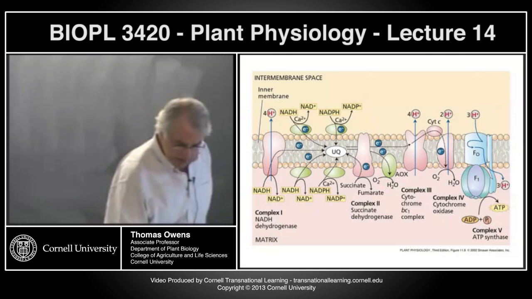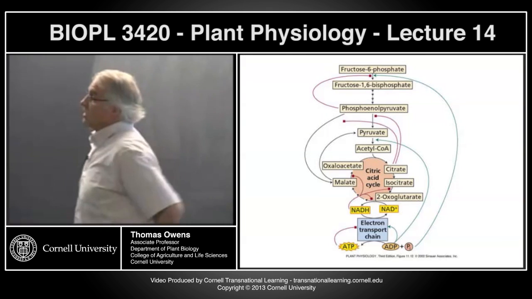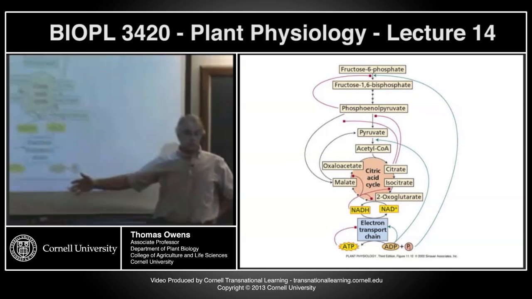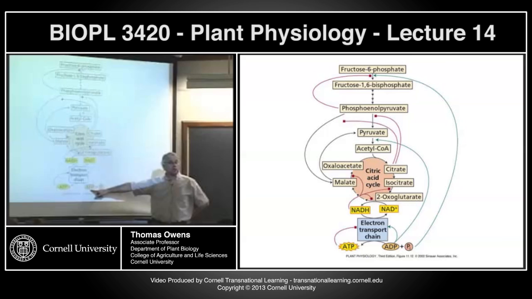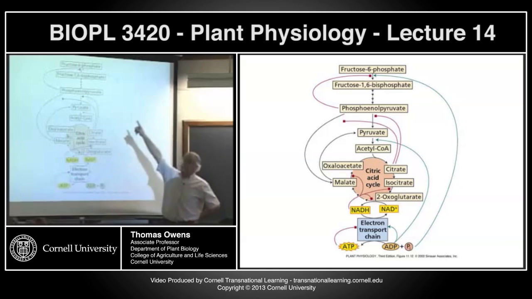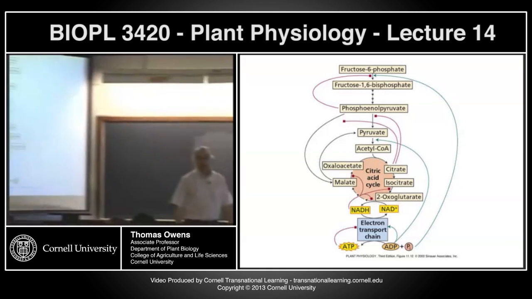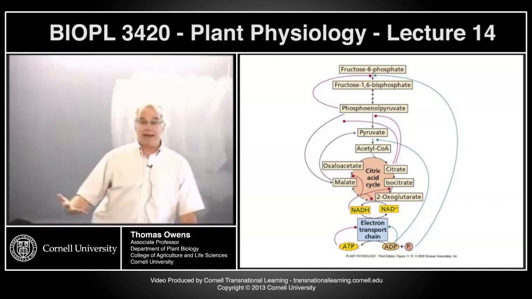We talked about the overall regulation of carbon flow through glycolysis and the citric acid cycle that's largely controlled by ADP. When ADP accumulates, it goes up and activates enzymes early in glycolysis to put more carbon through there to make more ATP.